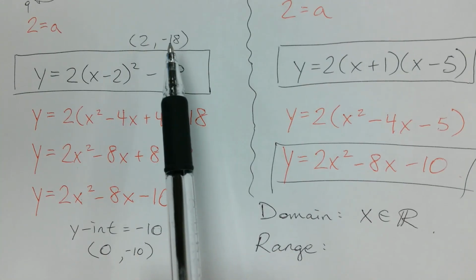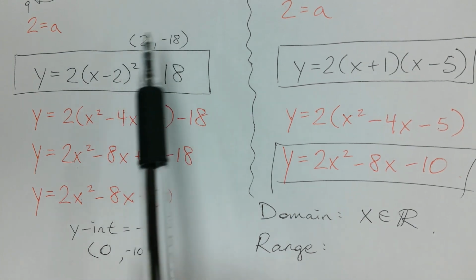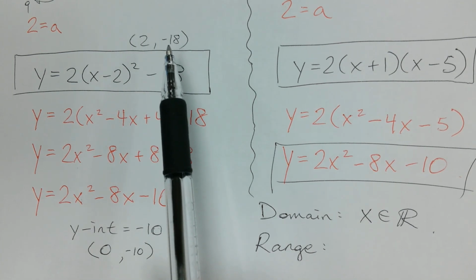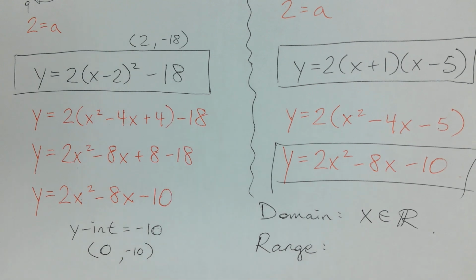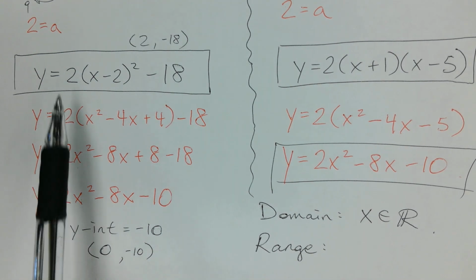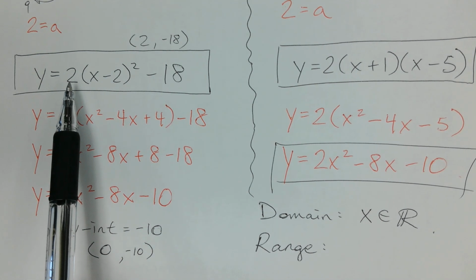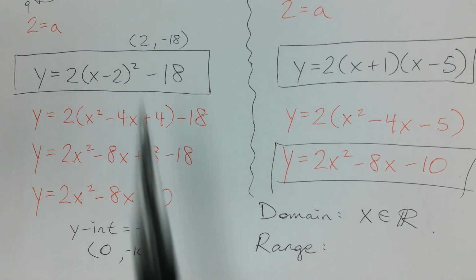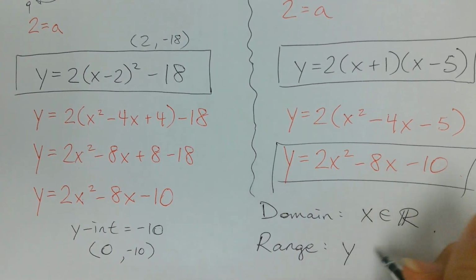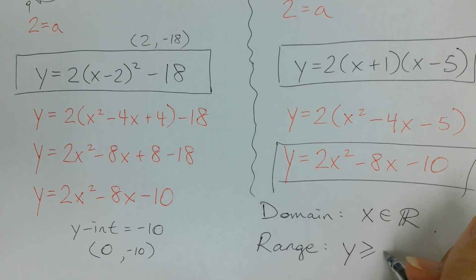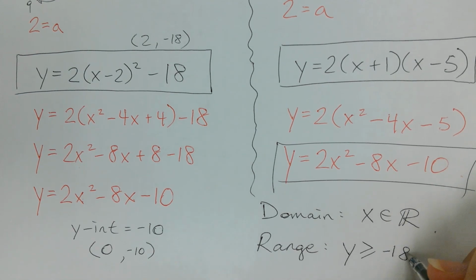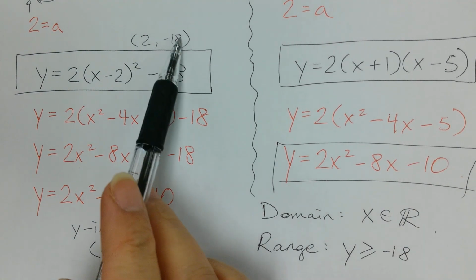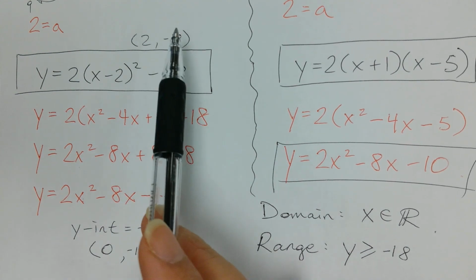Nope. All right. So I know this is my vertex. How do I know if this is a maximum or minimum? The A. That's right. It opens up, so this is a minimum. That means y can be anything greater than or equal to negative 18, the y value of my vertex.